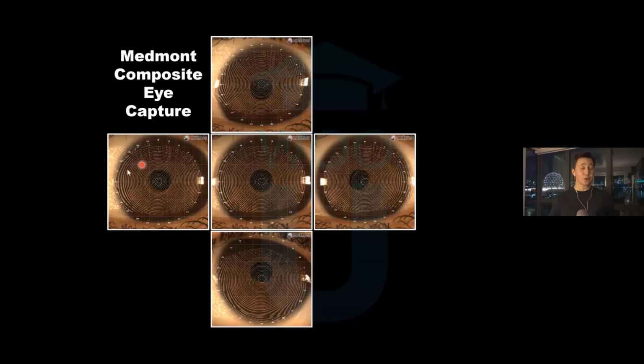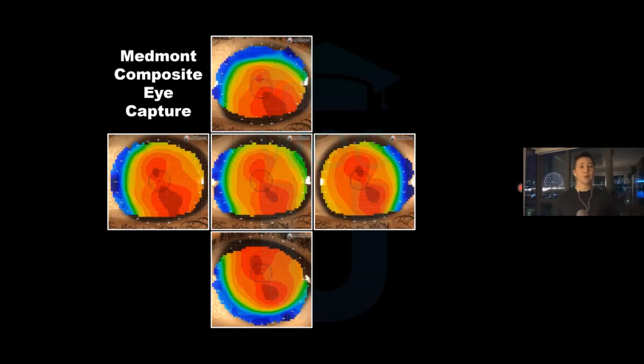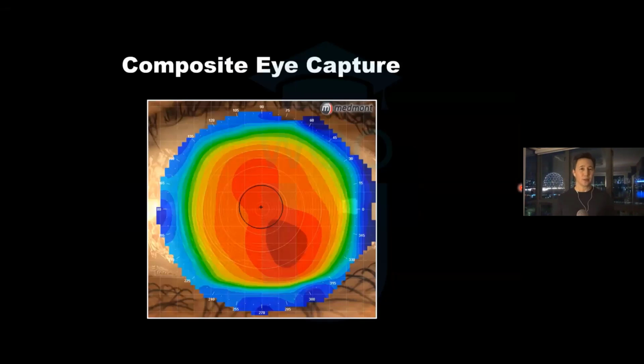So essentially what you're doing is moving the data points so that they reflect off the peripheral cornea. And then all of those can be converted to a topography and merged to create a larger view of the eye.